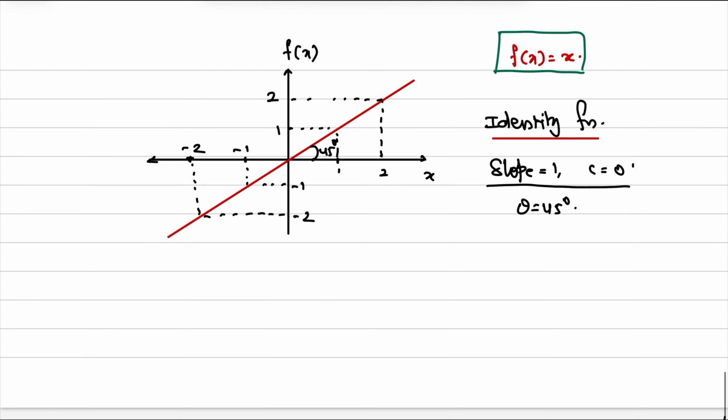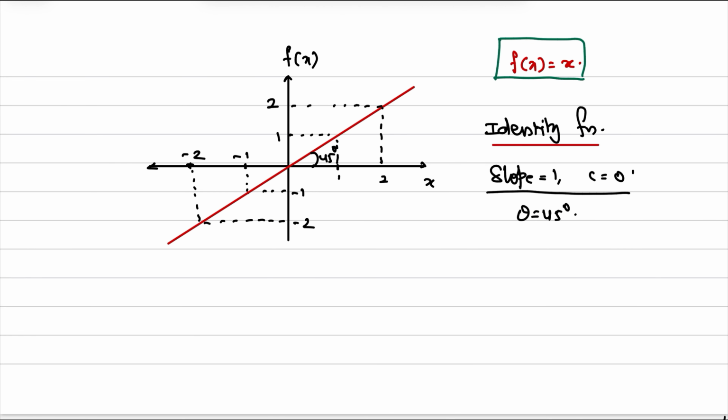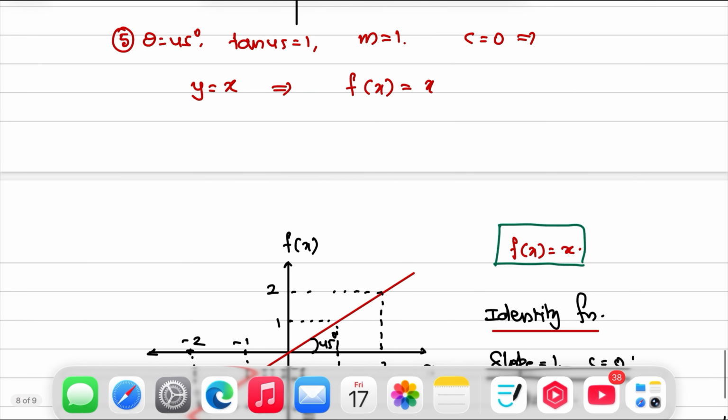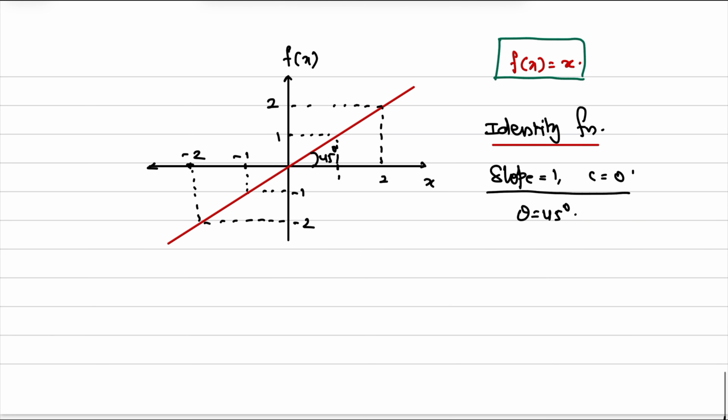Next, there may be chances that the value of y or function x value is always constant, irrespective of the value of x. Another one in the same straight line, let me say the sixth one.